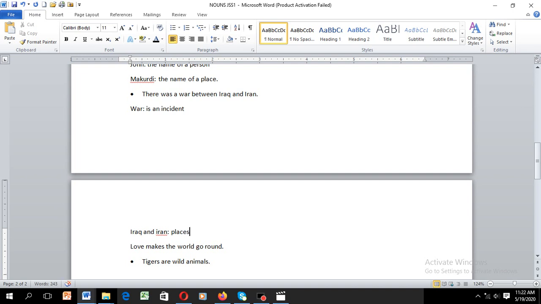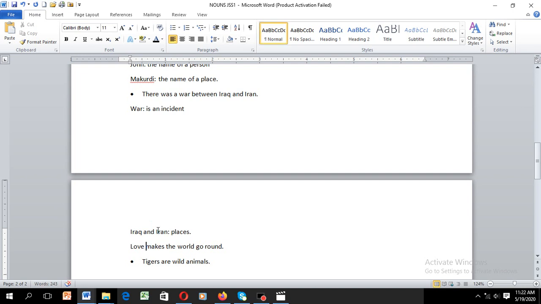I hope you know where Iraq and Iran are. If you don't, ask your parents to show you that on the world map. But Iraq and Iran are places on this earth. So when you see the sentence, there was a war between Iraq and Iran, an incident took place between these two places, Iraq and Iran. So let's move on quickly.